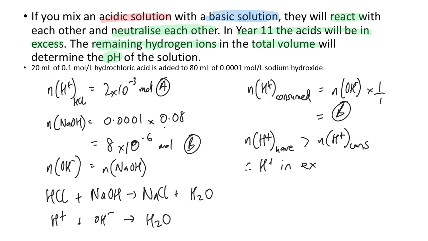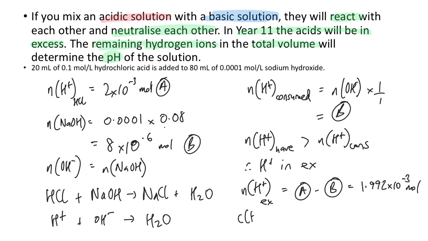Right. So then the number of moles of H+ in excess will be equal to how much we have, subtract how much was used up, which will be equal to 1.992 times 10 to the negative 3 moles.